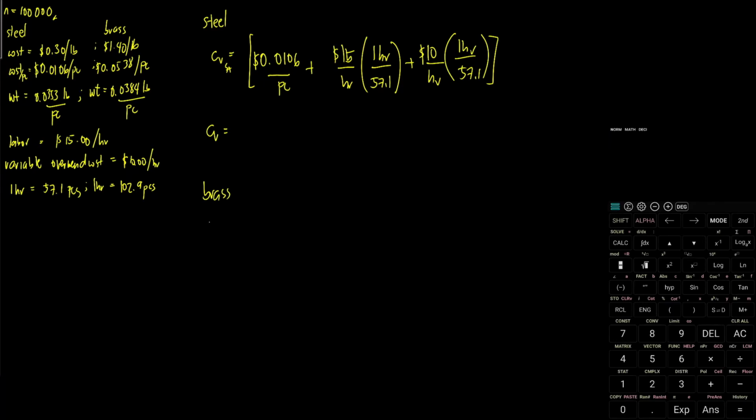At yung para sa brass, per unit, $15 per hour. In 1 hour, ang mapoproduce niya naman is 102.9 pieces.